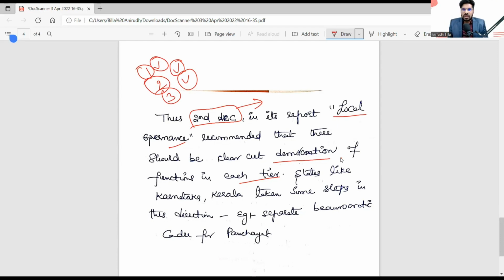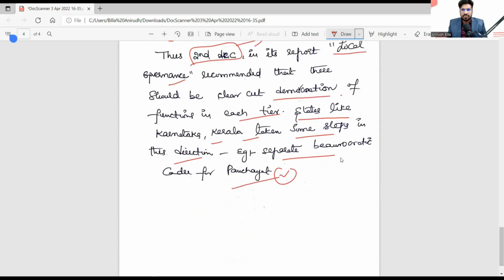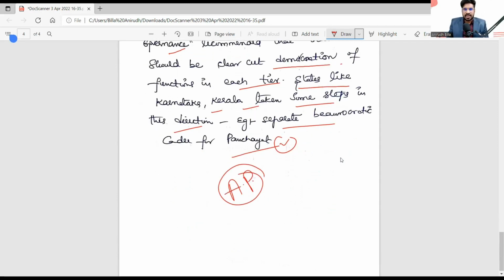And apart from that, we need to give some examples, like states such as Karnataka and Kerala have taken some steps in this direction. In which direction, guys? Here is one example: a separate bureaucratic cadre for panchayats. A similar scheme was introduced by the AP government also, like the panchayat secretary and the Grama Sachivalayas.